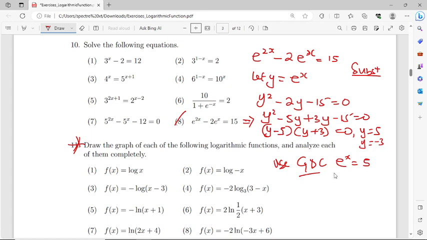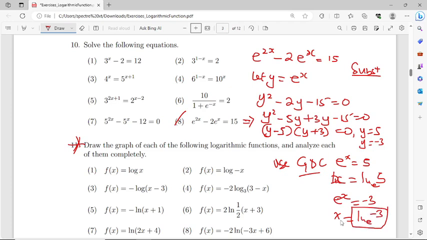So which means you can say that x is equal to the natural log of 5. Okay, because you use the natural log on both sides. And then for the second one, e raised to x is equal to negative 3, then x is equal to the natural log of negative 3.